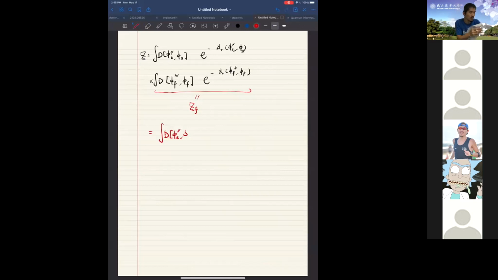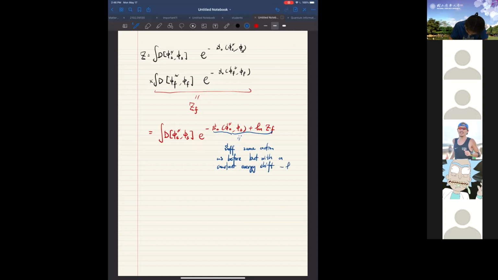Okay, so we can think about this part as the effective action after you integrate out the fast modes, which is nothing but the same action as before, but with a constant energy shift, which is minus log Z_F. Right. So a constant shift doesn't change the physics.